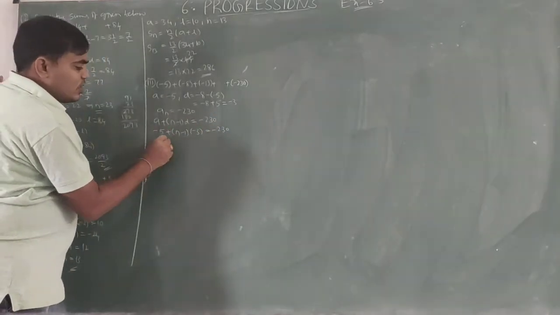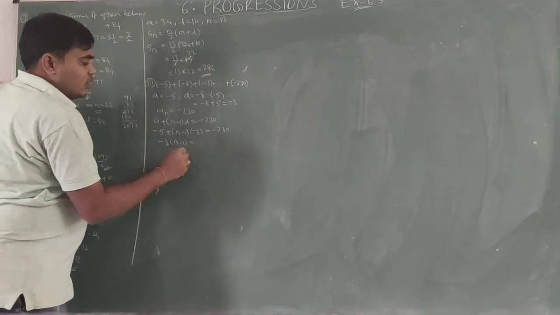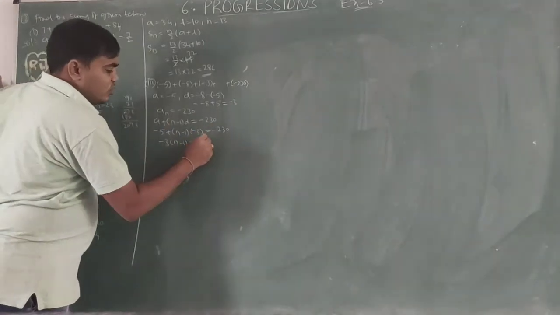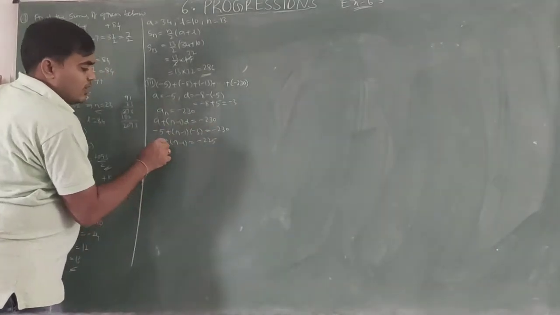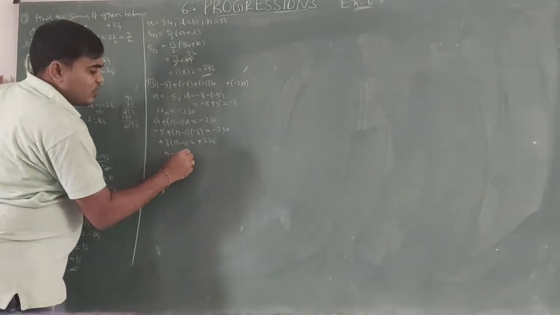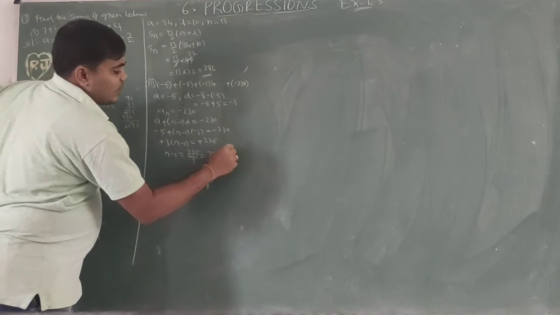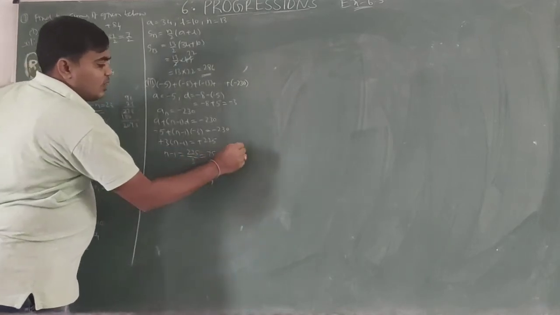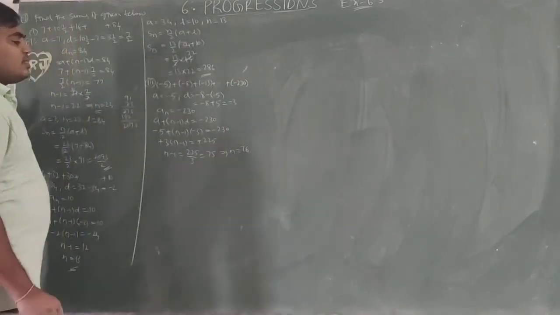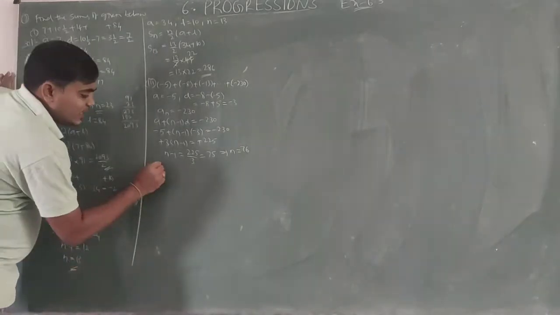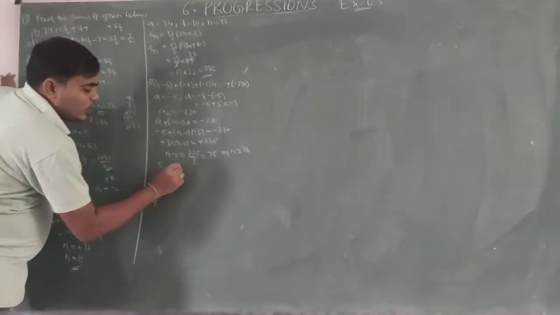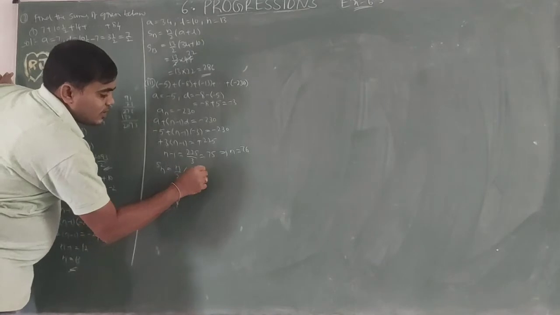Minus 5 bringing outside: minus 3 of (n minus 1) equals plus 5 minus 230, which is minus 225. Minus minus cancel. n minus 1 equals 225 by 3, which is 75, so n equals 75 plus 1, 76.